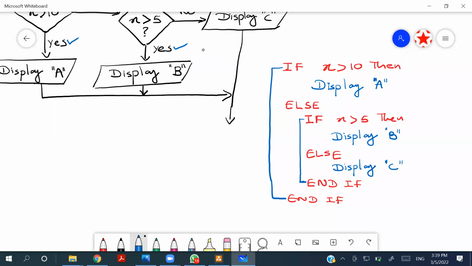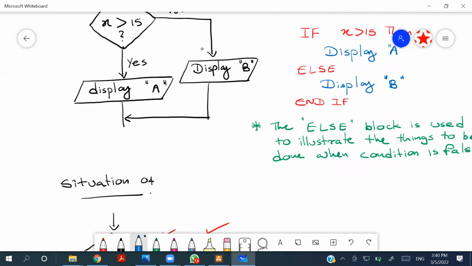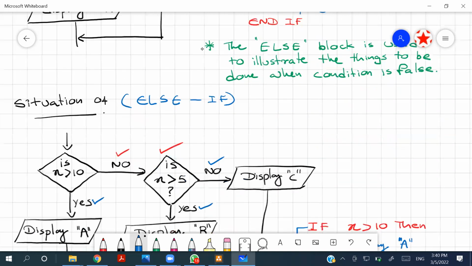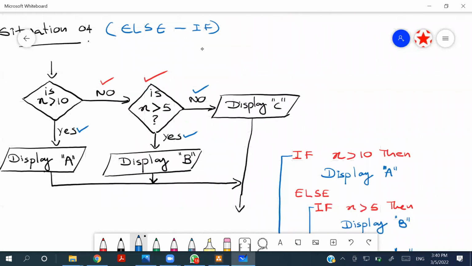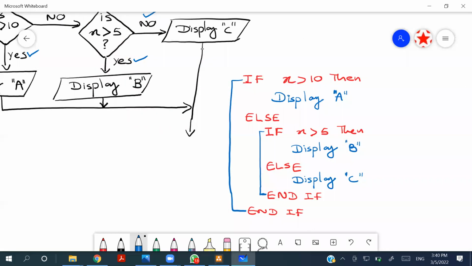Is that clear, everyone? And for your topic, situation 4, it's better you say else if, so you will get an idea, okay, this is about else if. Then you can write the pseudocode.